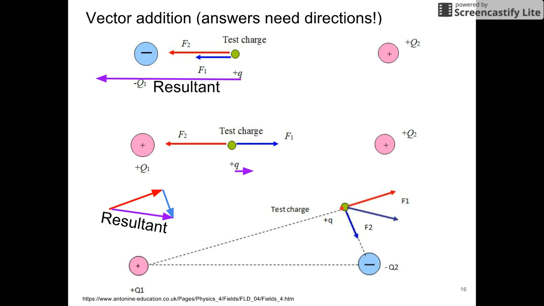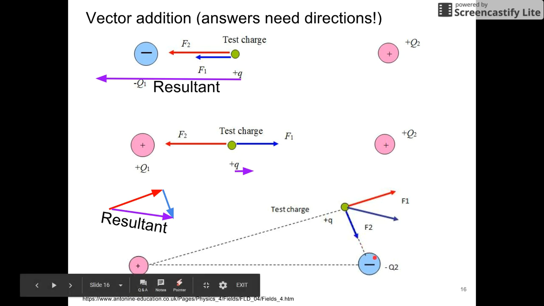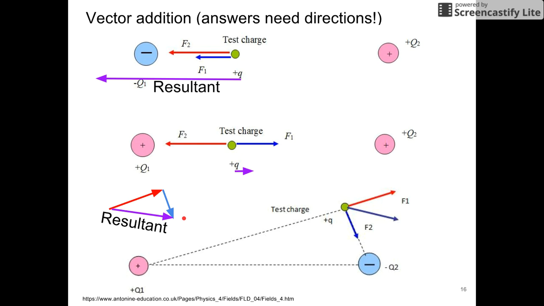If you've got the test charge placed away from the line connecting the two charges, you're going to have a triangle, because that attractive force is in that direction towards Q2, so you've got a force vector triangle, and you've got to add those two together to give you a resultant force.